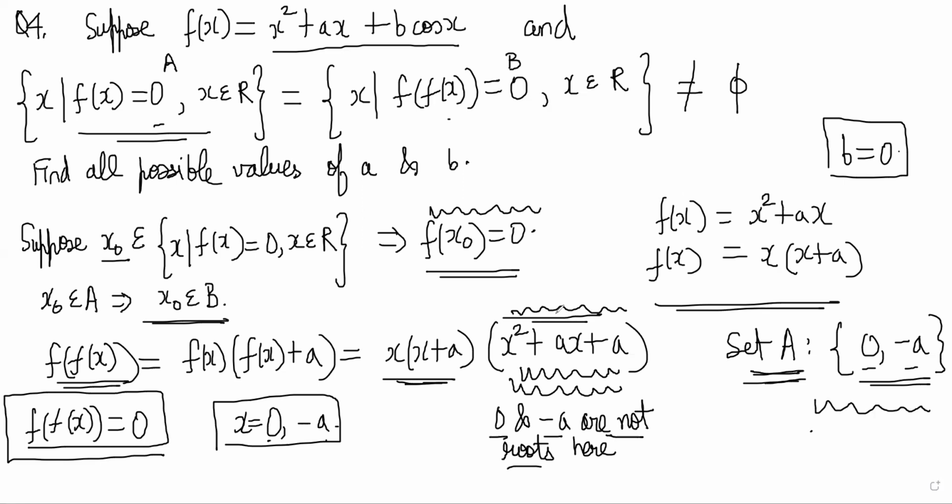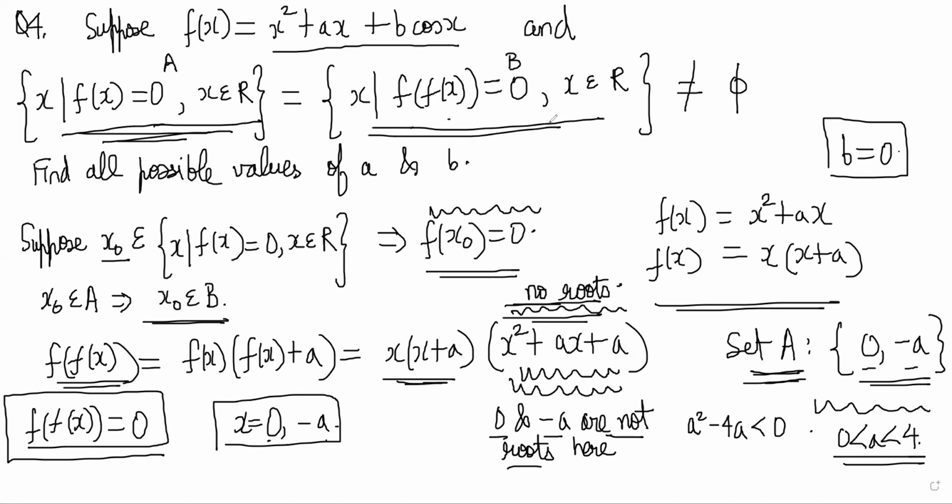So how will we ensure that the two sets are equal? The only condition that we can say is that this quadratic has no roots. And this quadratic has no roots if the discriminant is less than 0, which means a squared minus 4a is less than 0, which means basically 0 is less than a is less than 4. And we have seen already that a equal to 0 satisfies the condition in the problem that both the sets have the same roots.